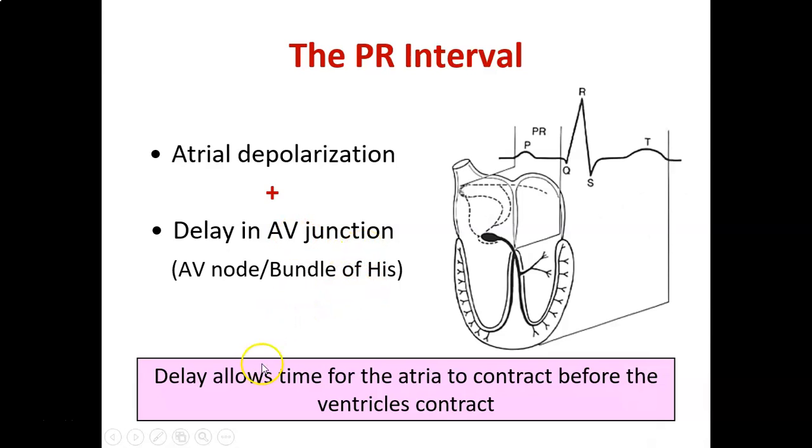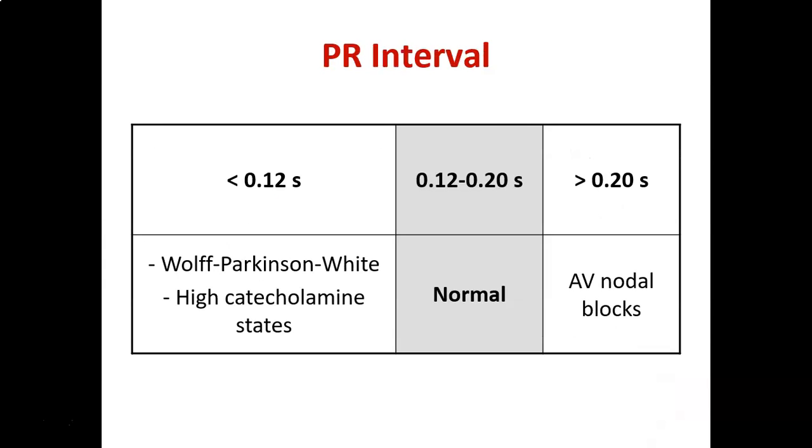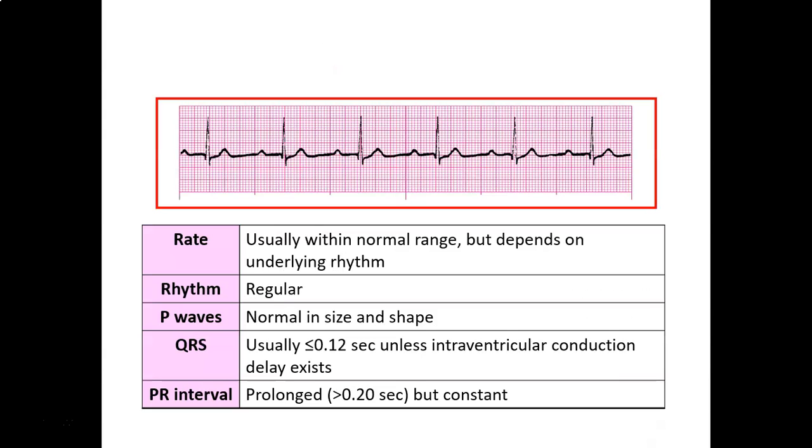This delay allows time for the atria to contract before the ventricles. So the PR interval starts from the beginning of the P wave till the beginning of the QRS complex. The normal PR interval is 3 to 5 small boxes, that is 0.12 to 0.20 second. If it's prolonged, we get different AV blocks.